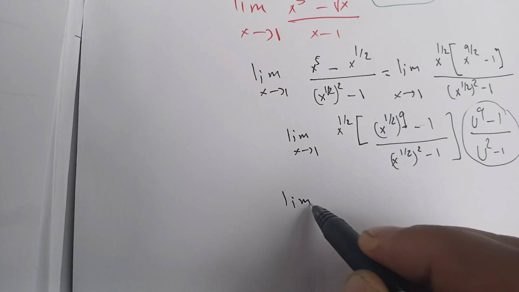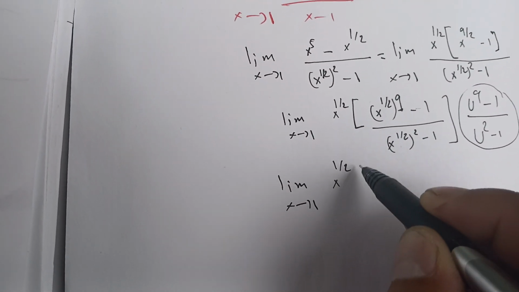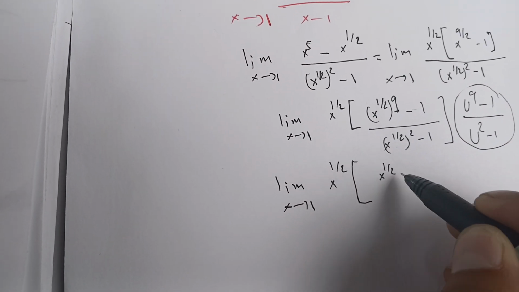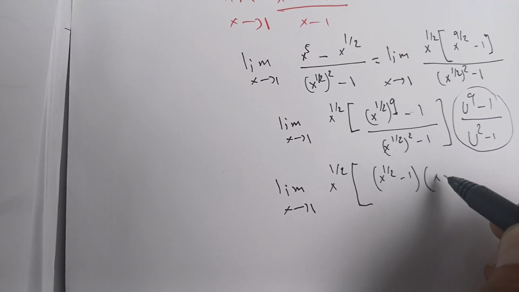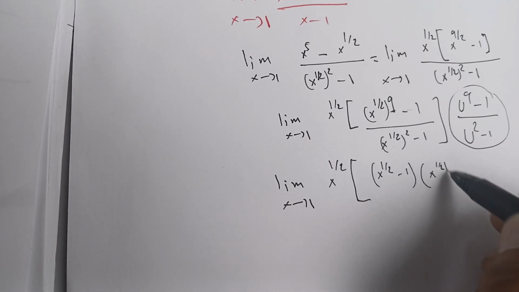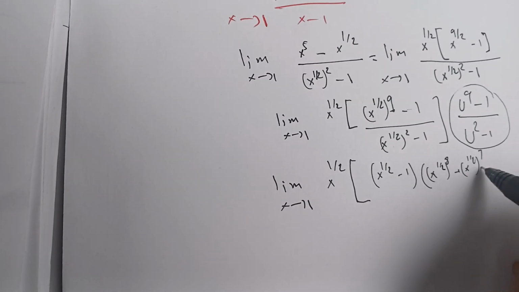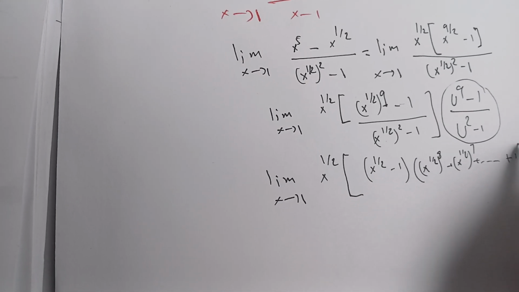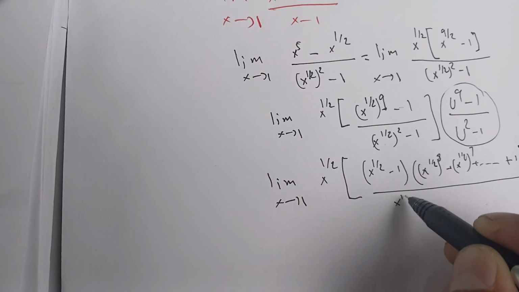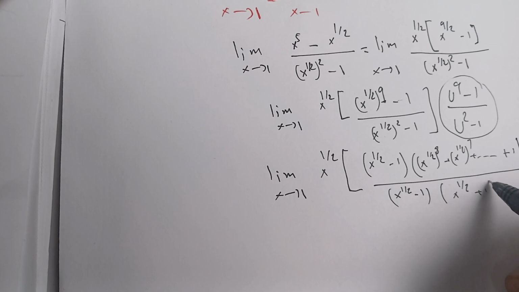We can rewrite this as the limit as x goes to 1 of x to the power 1/2, and here we're going to use x to 1/2 minus 1 times x to 1/2 to the power 8 plus x to 1/2 power 7, etc., until 1, over x to the power 1/2 minus 1 times x to the power 1/2 plus 1.